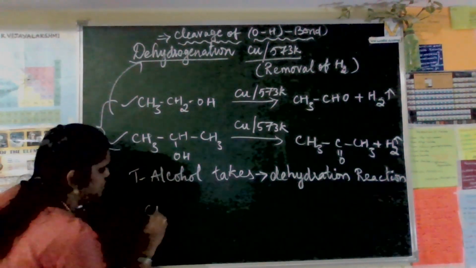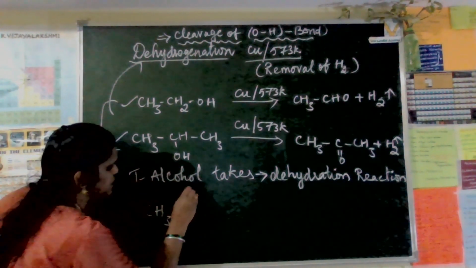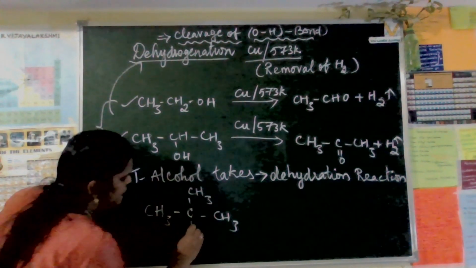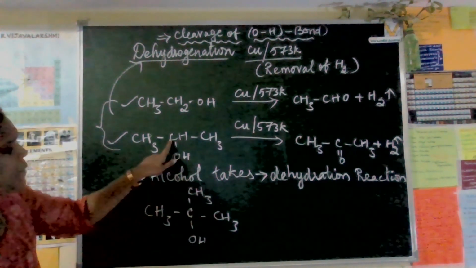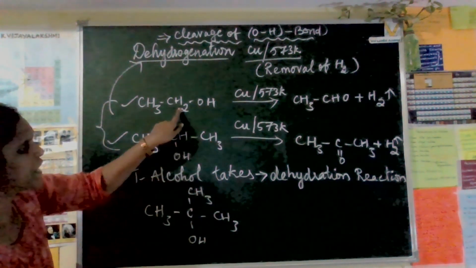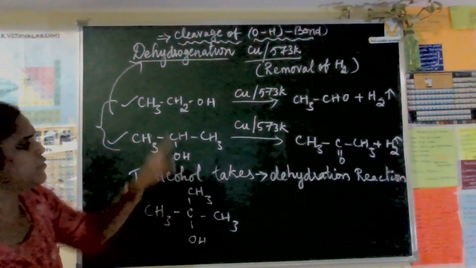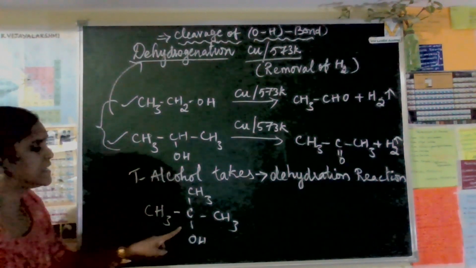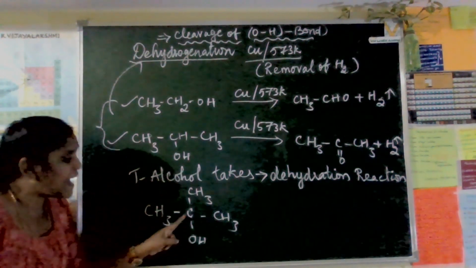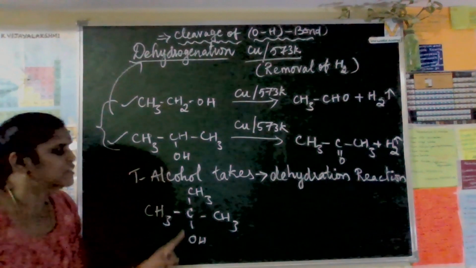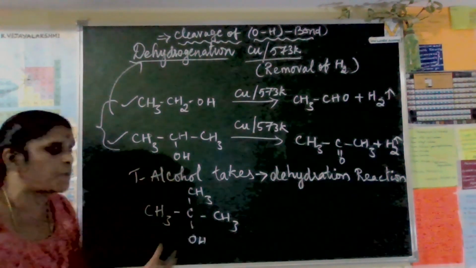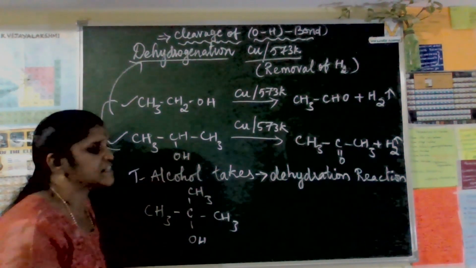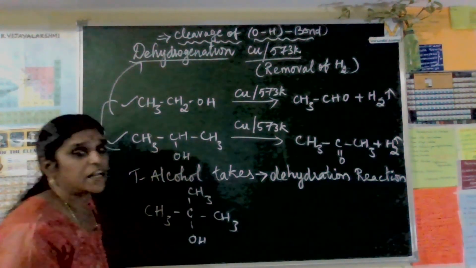For example, take a tertiary alcohol, to make it easy for you to understand: CH3 here, CH3 here, and OH. In the primary and secondary alcohols, the carbon connected to OH also has hydrogen. Whereas here the carbon is connected directly to the OH bond, so it does not have a hydrogen to support. Naturally it cannot release hydrogen, whereas it releases only the water molecule.